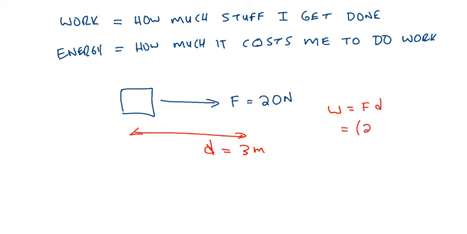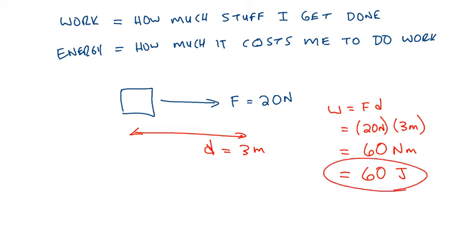The force here was 20 newtons, the distance is 3 meters, and I multiply those two numbers. 20 times 3 would be 60. Newtons times meters would be Newton meters. The only thing that we do differently is we call that a joule. So 1 Newton meter is 1 joule, and I would call that 60 joules the preferred units.